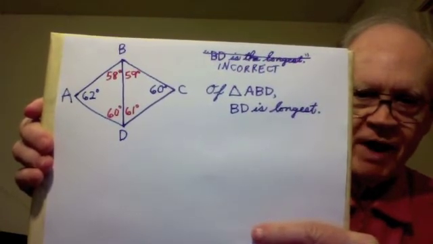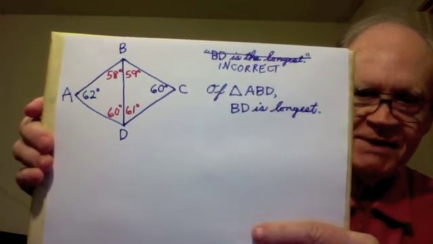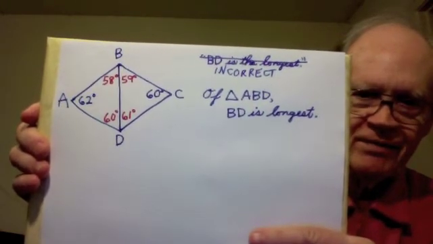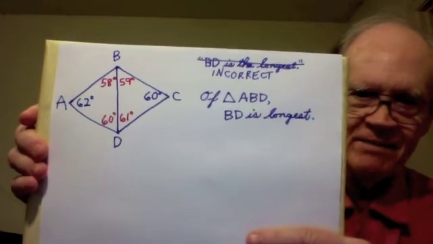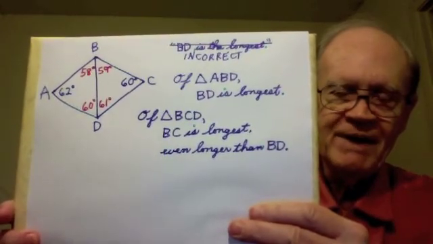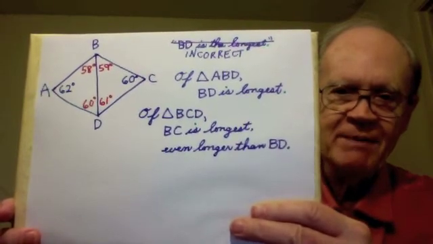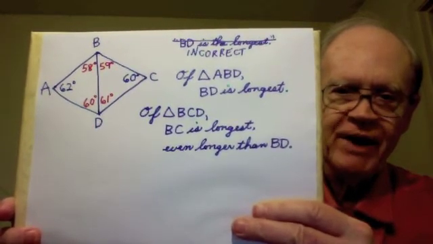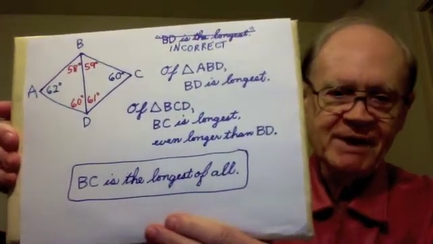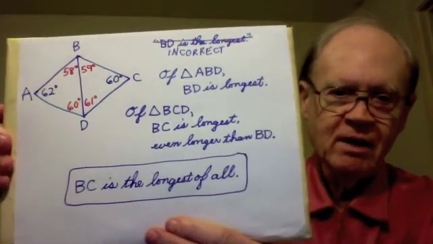So in triangle BCD, BC is longest, even longer than side BD. So BD can't be the longest side because BC is even longer than it. And so our conclusion is that side BC is the longest of all.